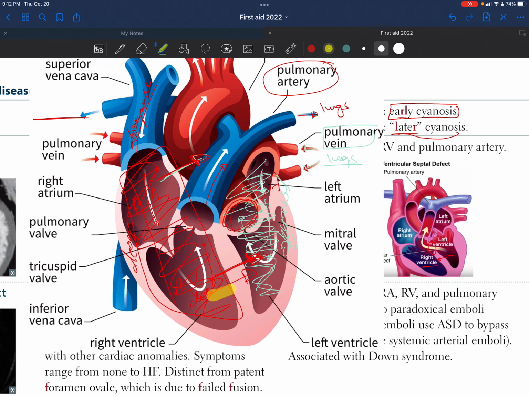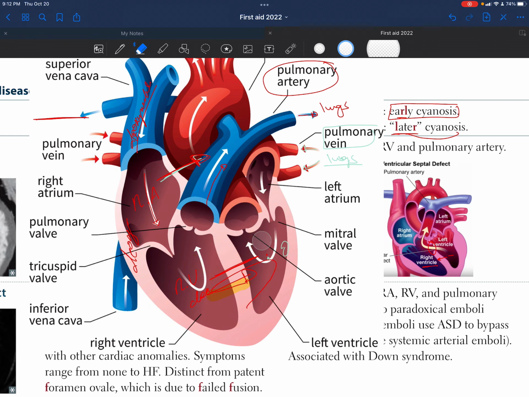It's shunting to this side. So that means the baby is going to have early cyanosis because early after birth or prenatally, the baby is going to look blue. If they look blue, that means the systemic circulation is getting deoxygenated blood, which means the blood is moving from the right side to the left side.